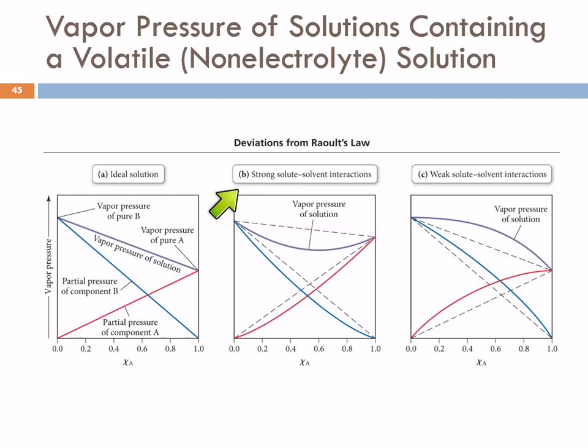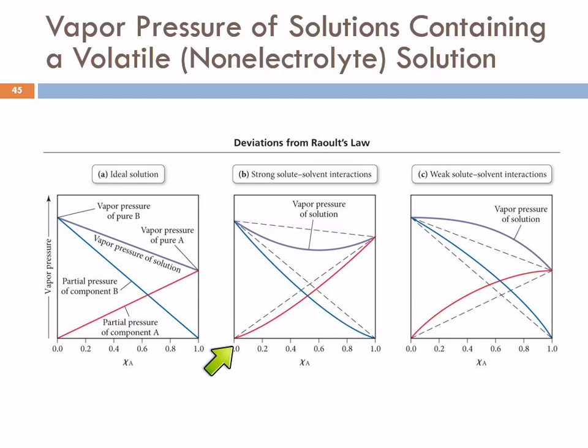If we have strong interactions between the solute and the solvent, do strong interactions within the solution cause higher vapor pressure or lower vapor pressure? Lower vapor pressure, right? It's harder for the molecules to break free.